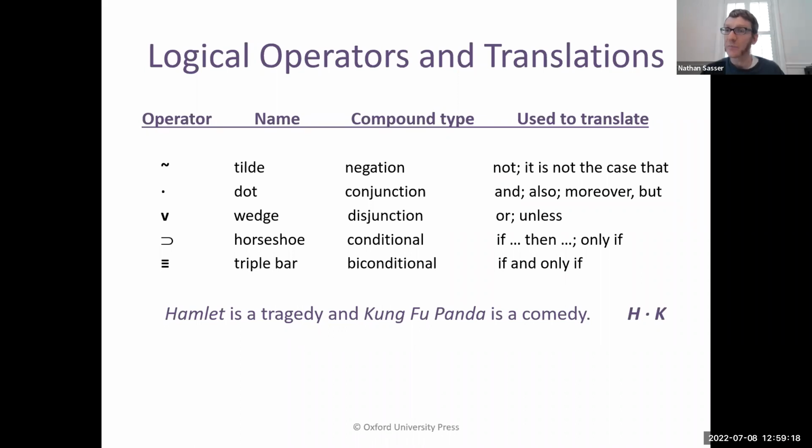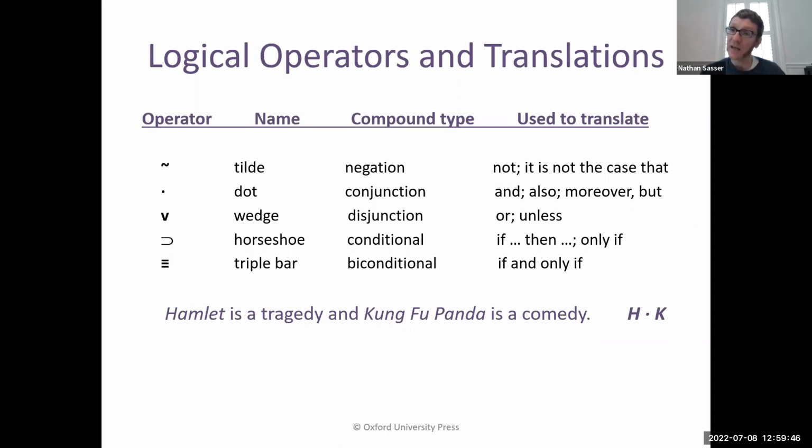So if we have this sentence, Hamlet is a tragedy and Kung Fu Panda is a comedy, we're going to stipulate, okay, Hamlet is a tragedy. That's a simple statement, and I'm going to represent that with an H. And Kung Fu Panda is a comedy. That's another simple statement, and I'm going to represent that with a K. And the only other word that's left there is the logical connective, the and, and that gets a dot.